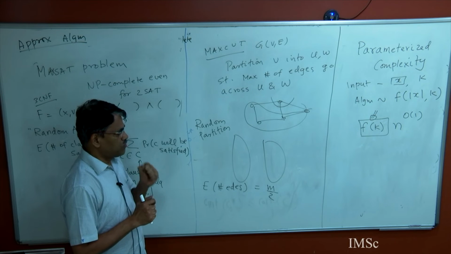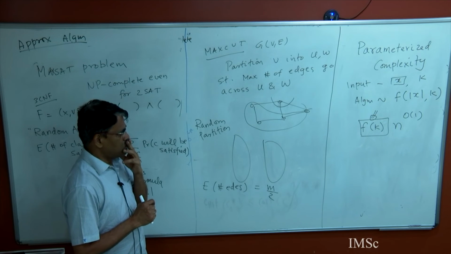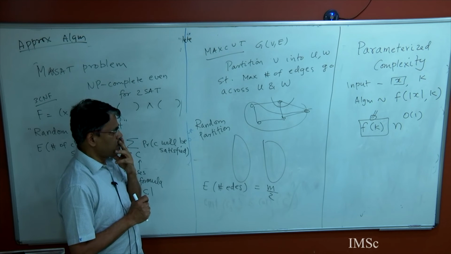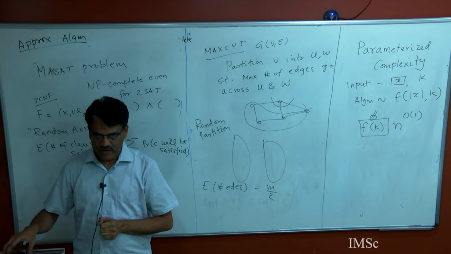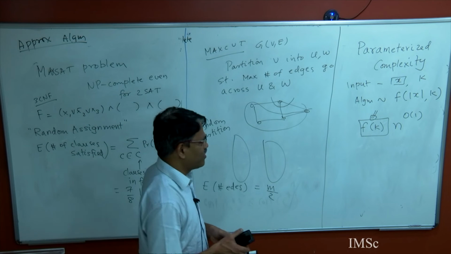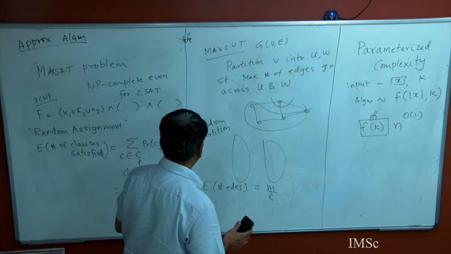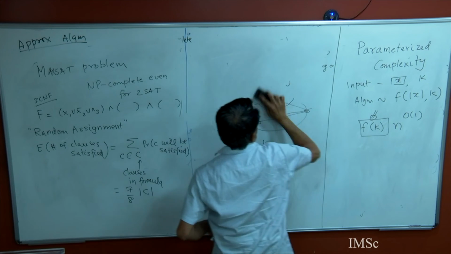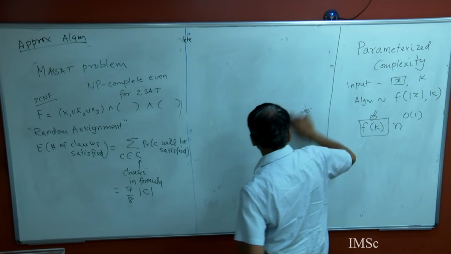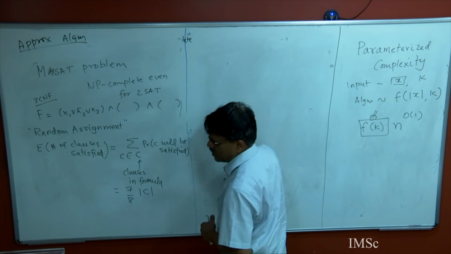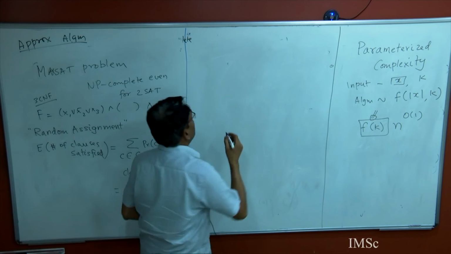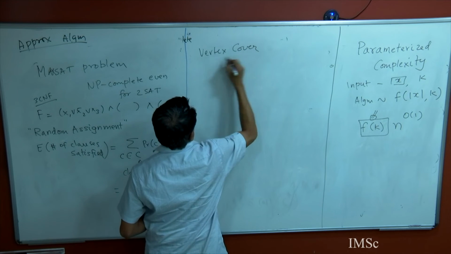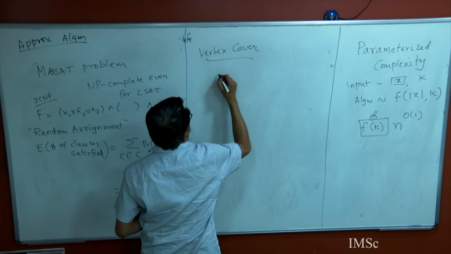Okay, so maybe for the sake of some of you who know all this, let me give you an interesting problem, even new for you. Let's look at the vertex cover problem. What can you do on a tree?